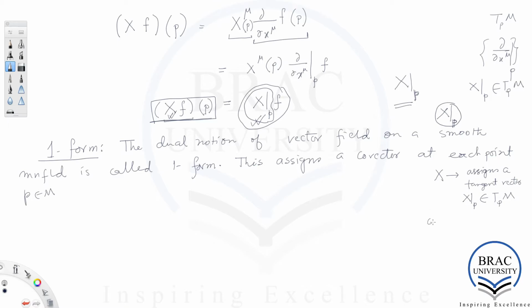If you have a one form, it assigns a covector omega at P belonging to TP star M. So we see from here that the dual notion of vector field is one form, whereas the dual notion of a tangent vector is a covector, and a vector field assigns a tangent vector at a given point on the manifold, and a one form assigns the covector at a given point P on the manifold.